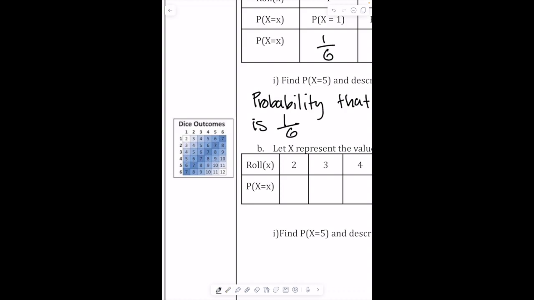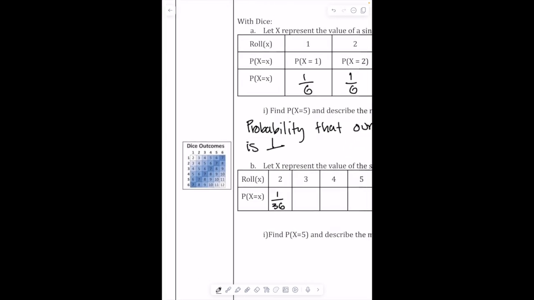We know that there's 6 times 6, or 36, different possible arrangements of the two dice, and there's only one of them that gets us a 2. So the probability of our sum being 2 is 1/36.